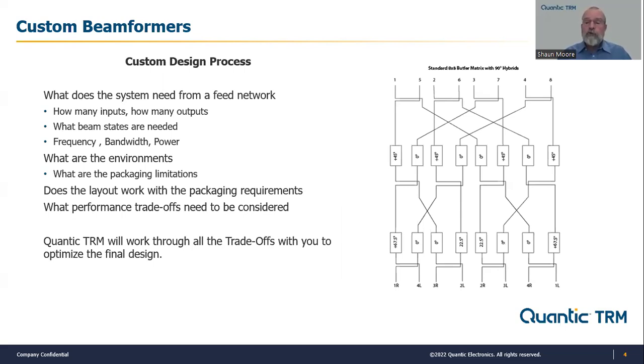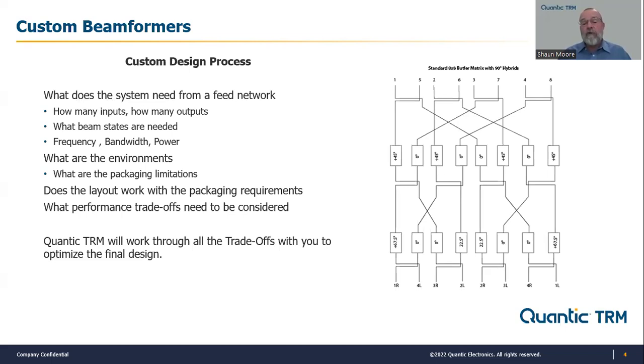Basically, because you're trying to feed a unique aperture for a unique application, the network that feeds that antenna to generate those beams needs to be adjusted accordingly.